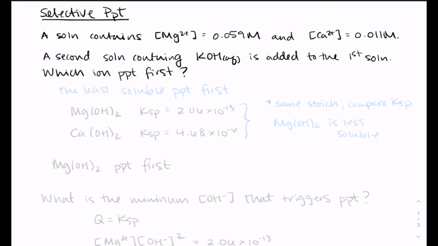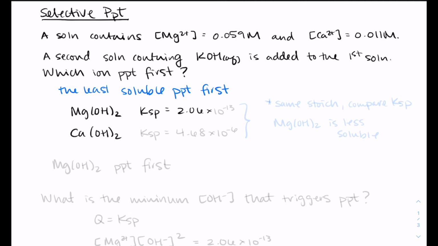So, well, it's the least soluble. So whichever is less soluble will fall out of solution first. And very nicely, since these have the same charge, right? So think, if we're adding potassium hydroxide, what would precipitate? Well, it'd have to be magnesium hydroxide and calcium hydroxide.